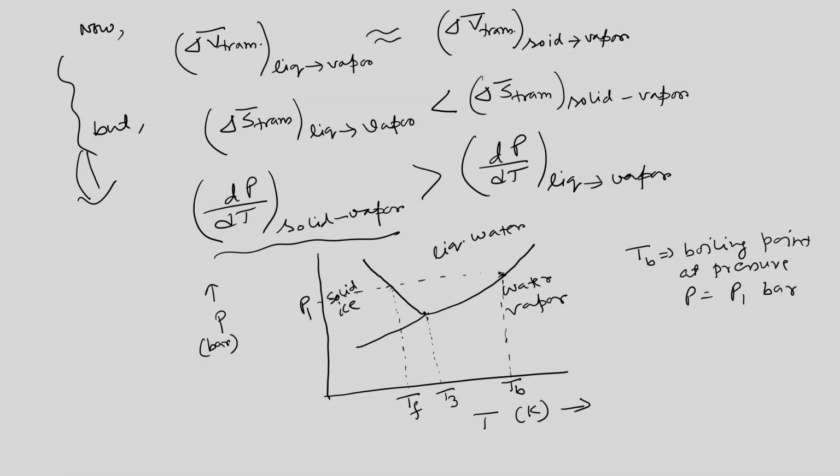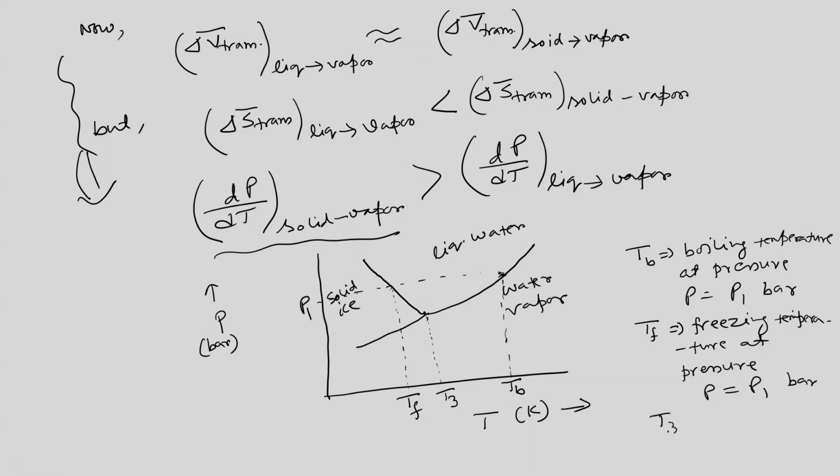Here this is P1, and TF is the freezing temperature, and boiling temperature at pressure P equals P1 bar, and T3 is the triple point, right.